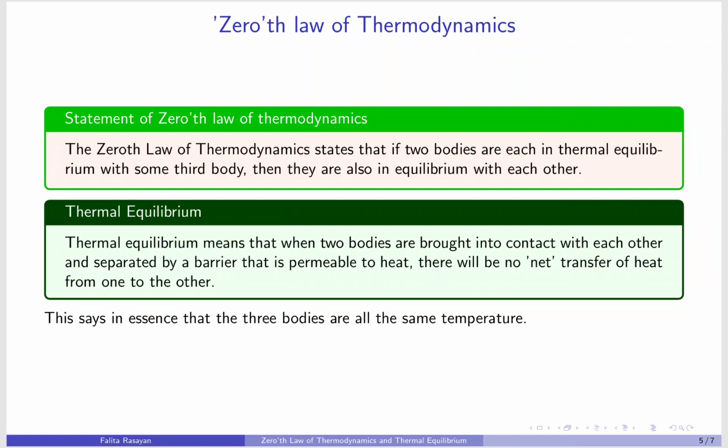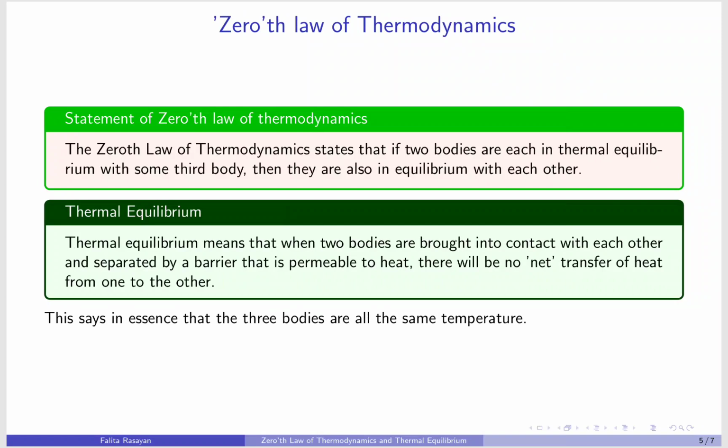When the temperatures of two interconnected bodies are the same, there will be no net heat transfer. Now let us put another body into the mix: three interconnected bodies, each having the same temperature, so there will be no net heat transfer from one body to another. That means the three bodies are in thermal equilibrium.